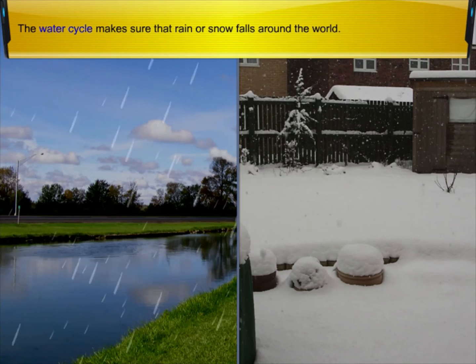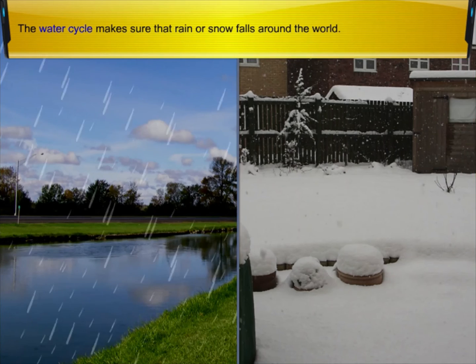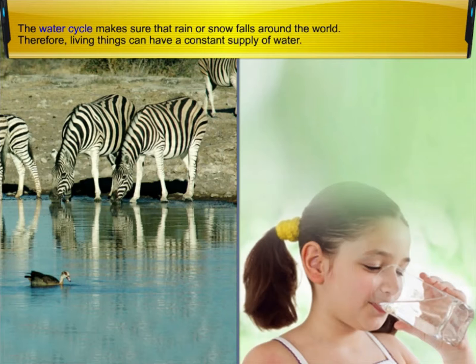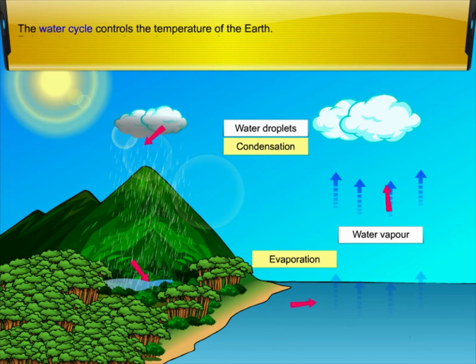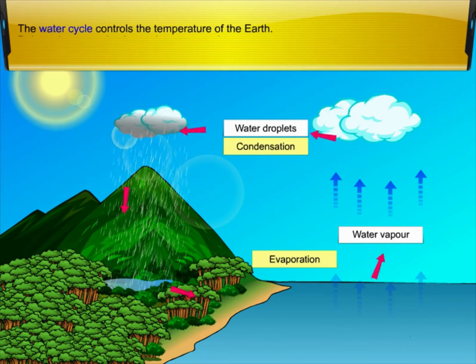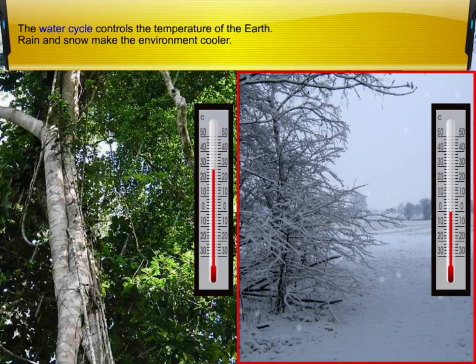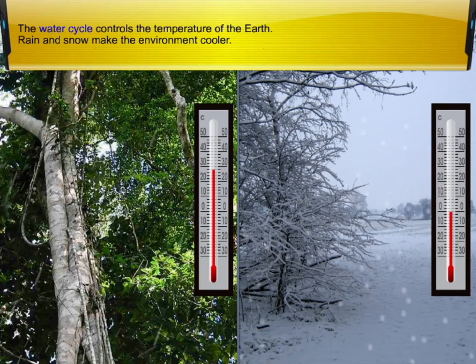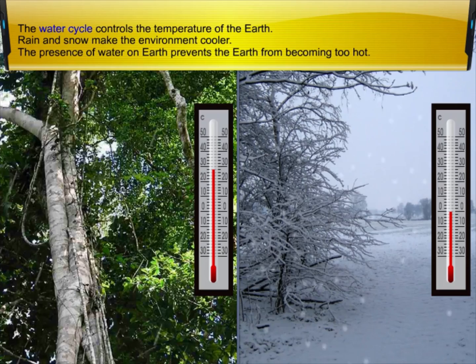The water cycle makes sure that rain or snow falls around the world. Therefore, living things can have a constant supply of water. The water cycle controls the temperature of the earth. Rain and snow make the environment cooler. The presence of water on Earth prevents the earth from becoming too hot.